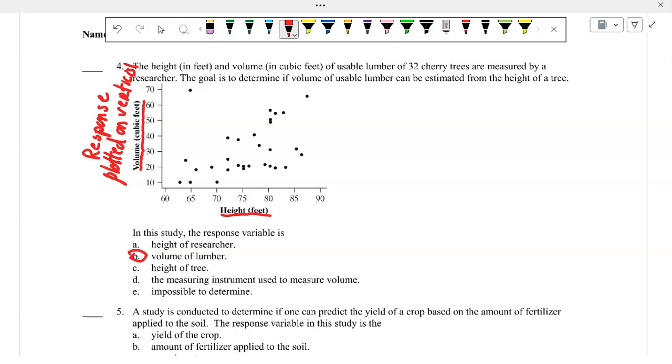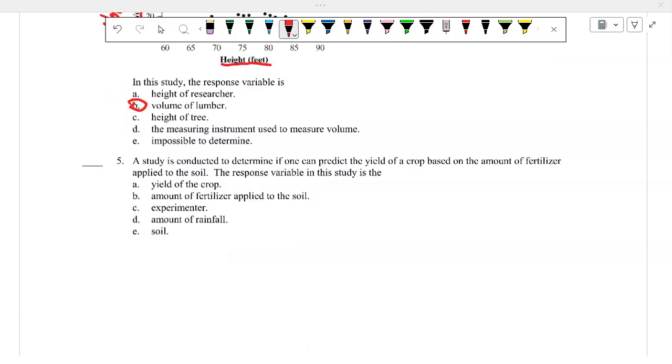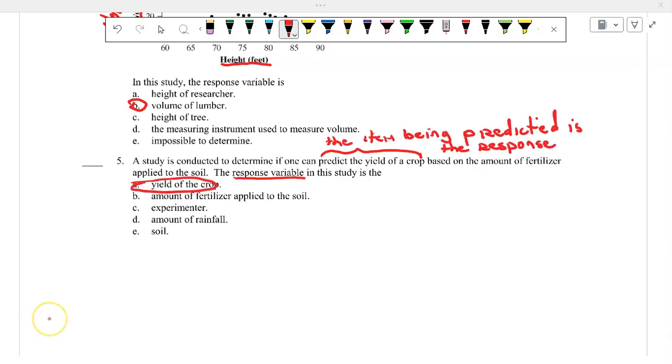the response variable. Okay, a study is conducted to determine if one can predict the yield. So whatever is getting predicted, that is your response. So the yield, how much crops you get, is being predicted by the amount of fertilizer applied to the soil.